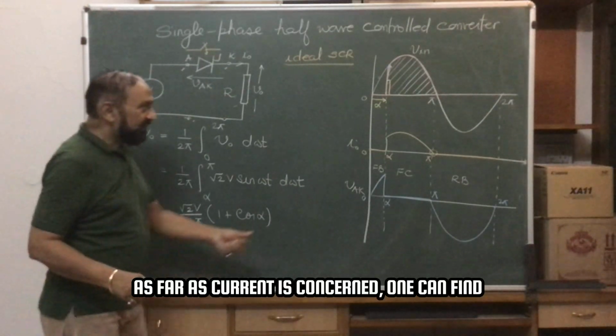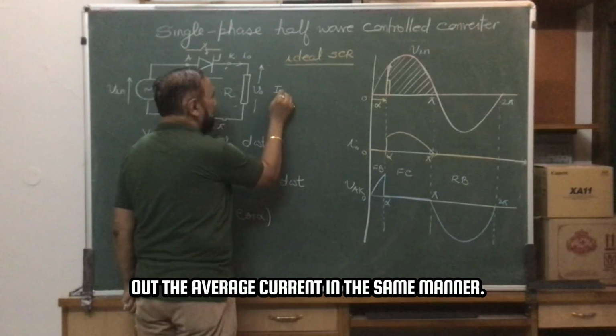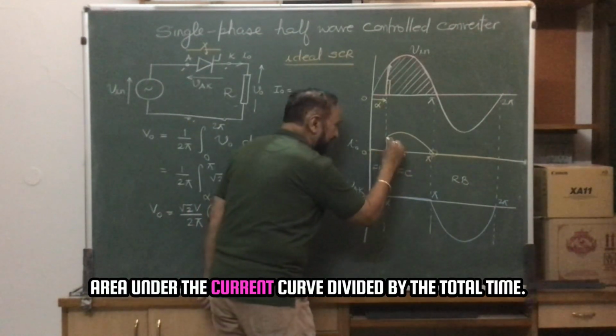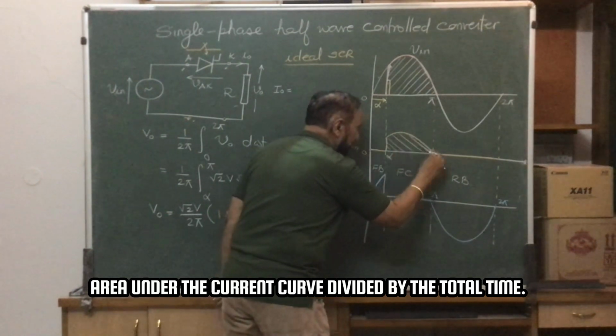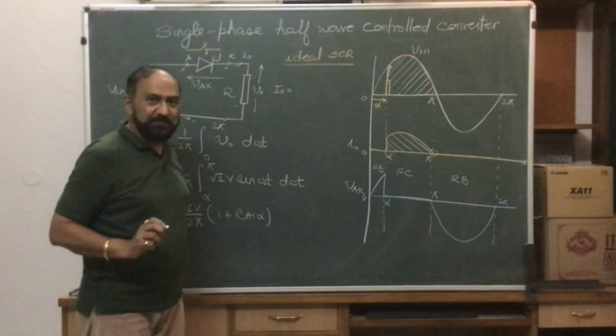As far as current is concerned, one can find out the average current in the same manner. Area under the current curve divided by the total time.